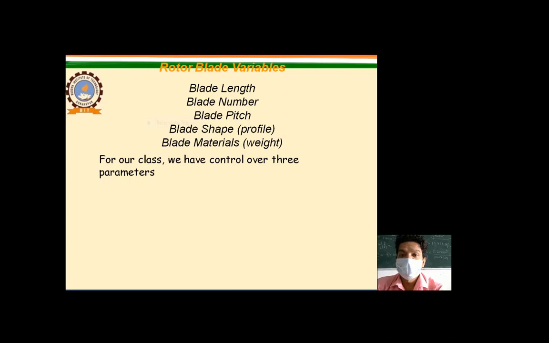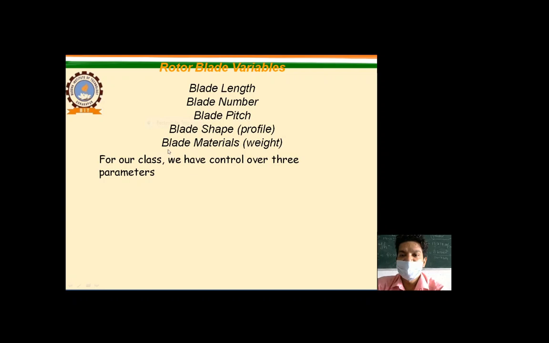It means if you vary the numerical values for these respective points, from blade length, blade numbers, blade pitch, blade shape, to blade materials, then what happens? The corresponding value of the efficiency will vary.